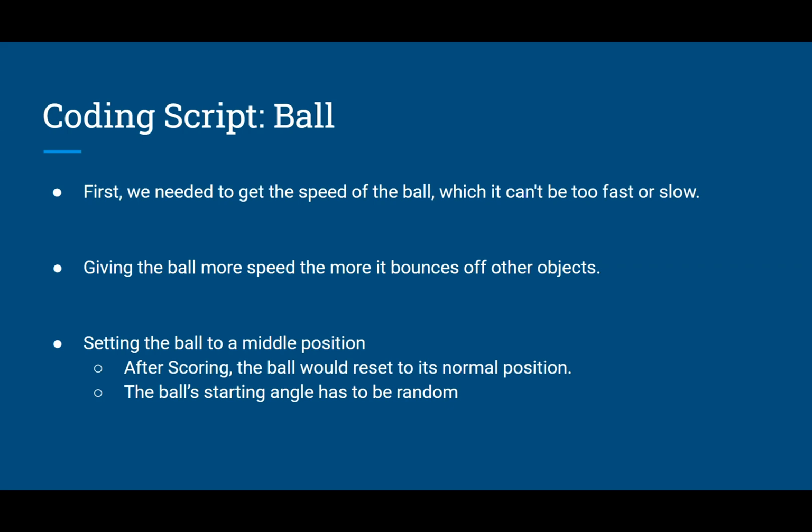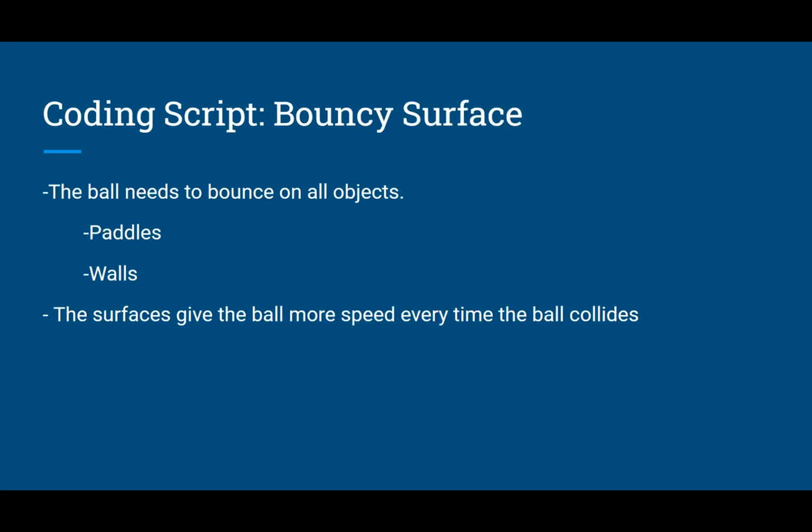So we had to give the ball more speed as it bounces off the objects, the paddle or the sides of the arena. Then we had to set the ball in the middle position after each reset. When the ball shoots out, the angle is random, so no player has a specific advantage. And after scoring on either side, the ball resets back to its normal position.